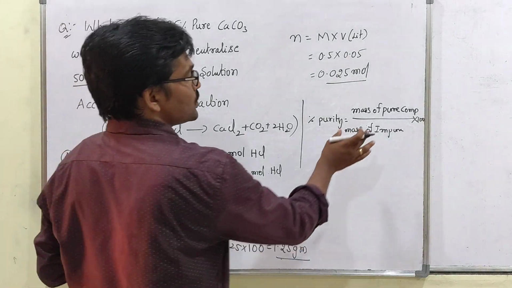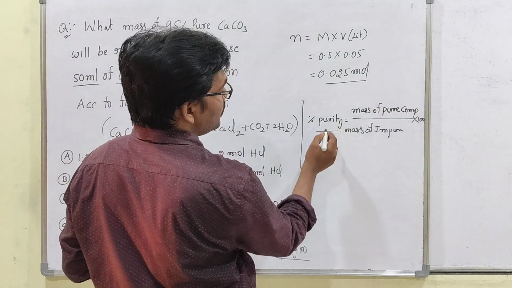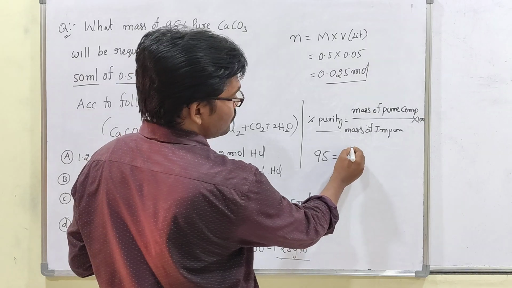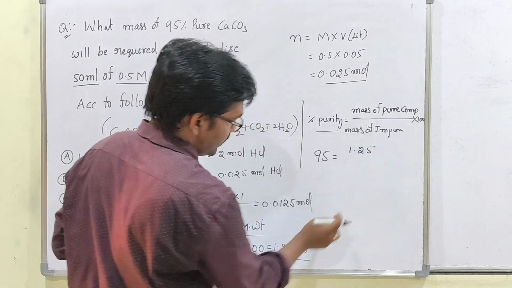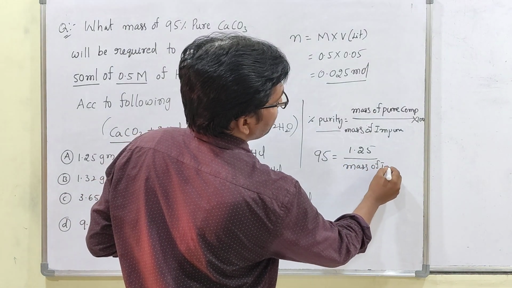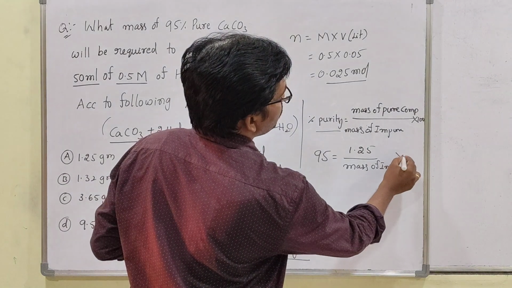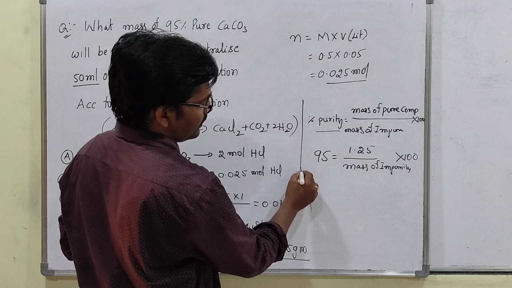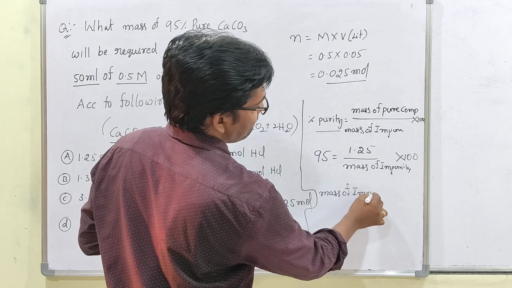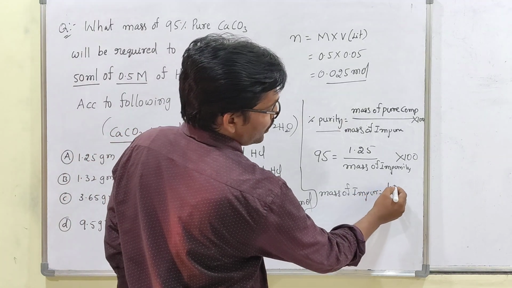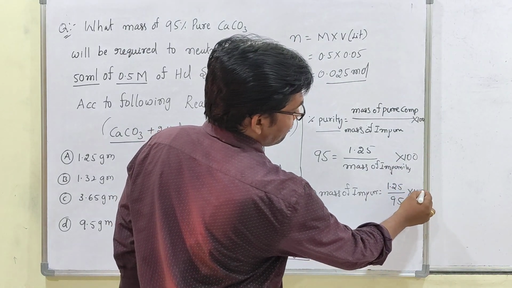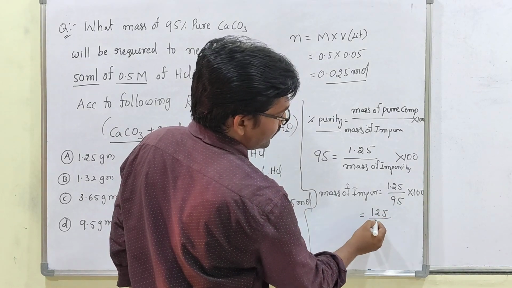Here the purity percentage is given as 95%. So 95 equals mass of pure compound, that is 1.25, divided by mass of impure compound into 100. So mass of impure compound equals 1.25 divided by 95 into 100, nothing but 125 divided by 95.